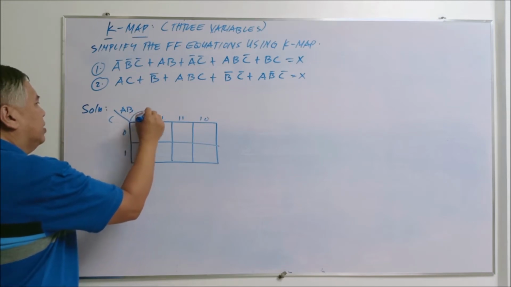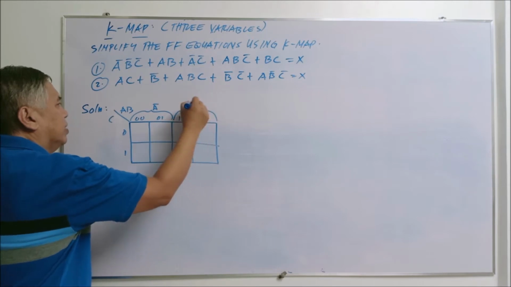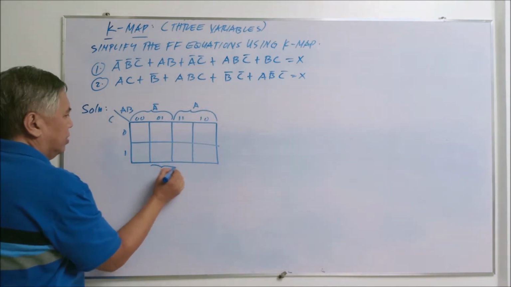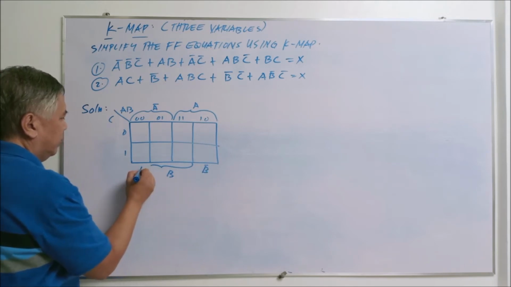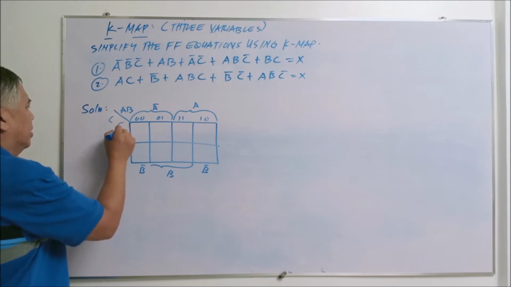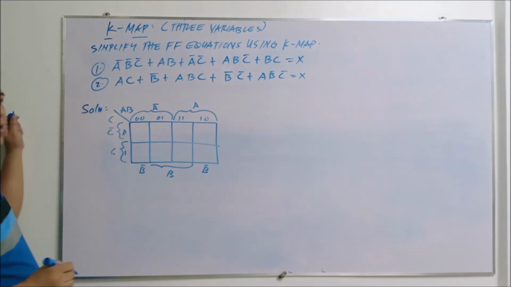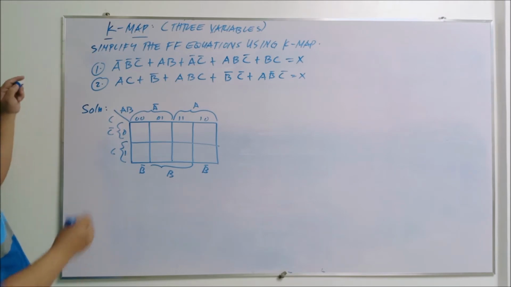And we know that this is under A bar. This is under A. This is under B. This one here is B bar. And then we have here C, and we have C bar.